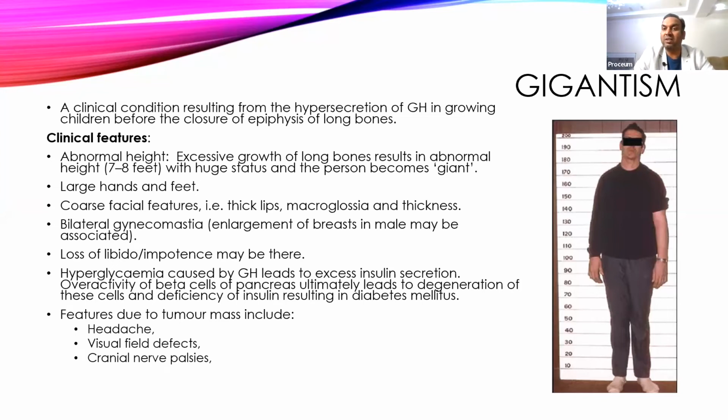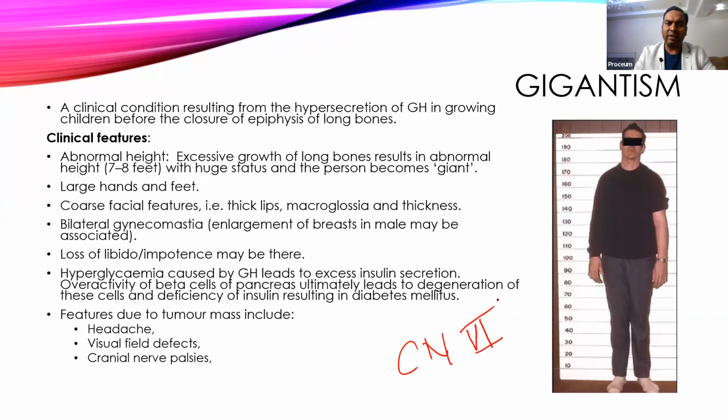It is very sensitive to increased intracranial tension. So cranial nerve 6 can get paralyzed, and that can present as diplopia. So the first sign of paralysis of the sixth cranial nerve is diplopia.